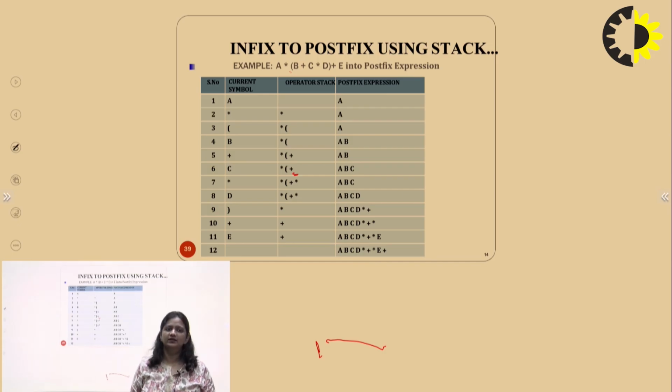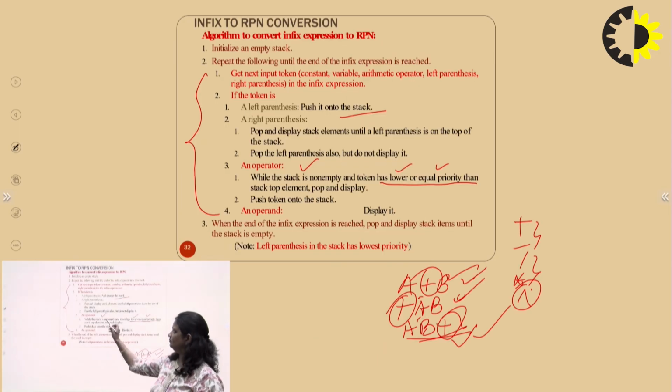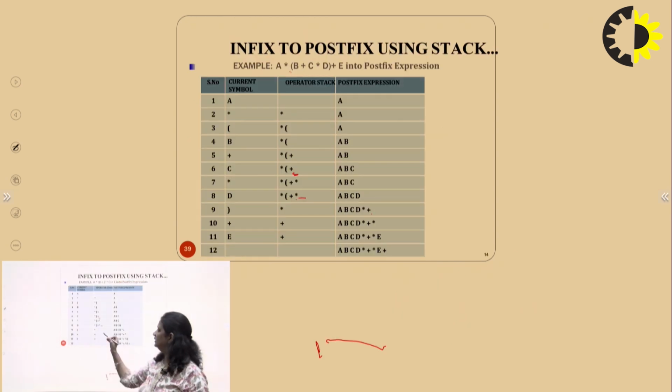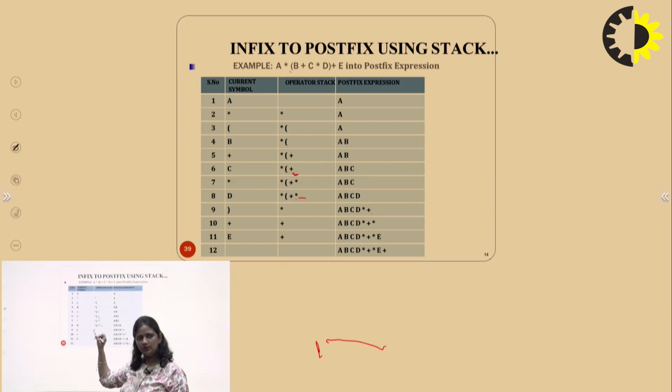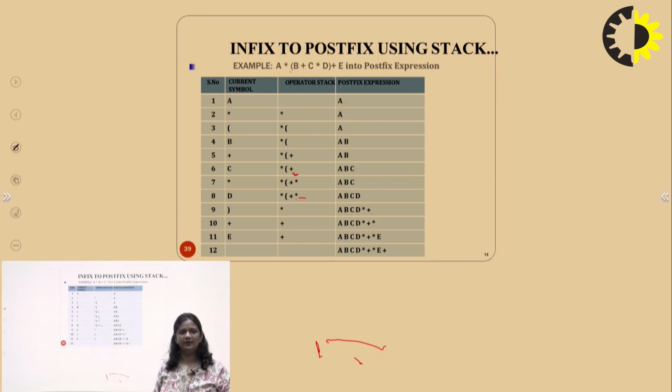When the left parenthesis is encountered. Then multiplication goes to the postfix expression, and addition goes to the postfix expression. After that, we pop the left parenthesis also, but we do not display it. So the left parenthesis is popped from the stack, but not displayed in the postfix expression.